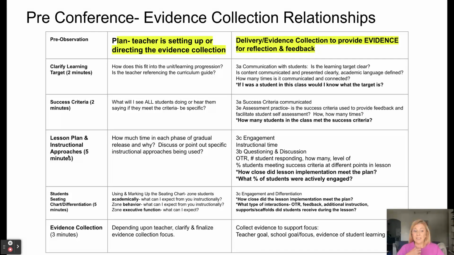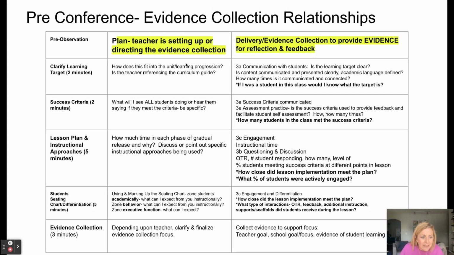So if we look at this column right here, this is my pre-observation agenda, remember? And then what I'm doing is I'm listening and thinking about, in that conference, using the information from the form and what the teacher is saying.